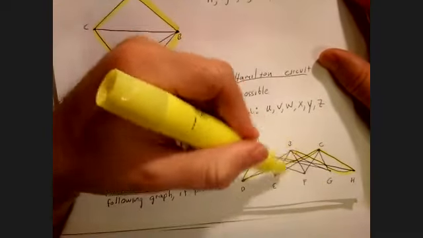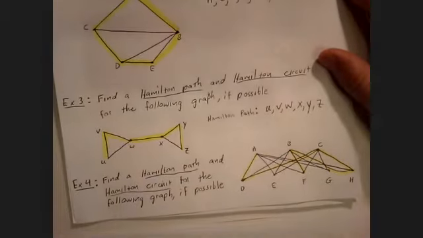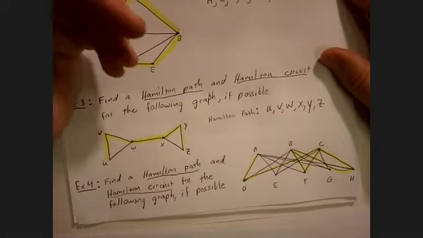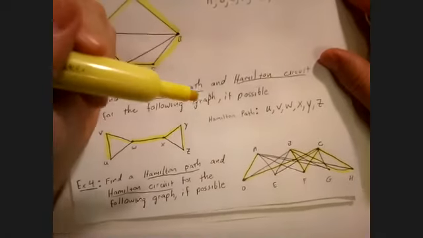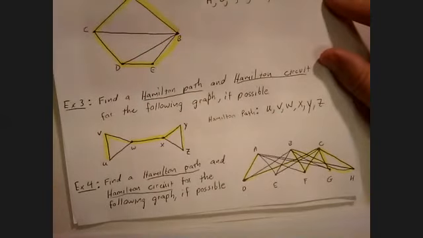I could go to E or F. Let's go to F. From F, I can go to A or C. Let's go to C. Now from C, I could go to E or G. Let's go to G. Now from G, it looks like I have to go to A or B.